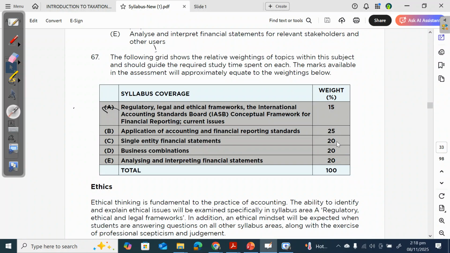So having said that, let's get started with today's class. Today is going to be an introductory class. We are going to look at the foundation of financial reporting, and then we'll build the rest from there. All right. So let me share my slides so that we can all see.